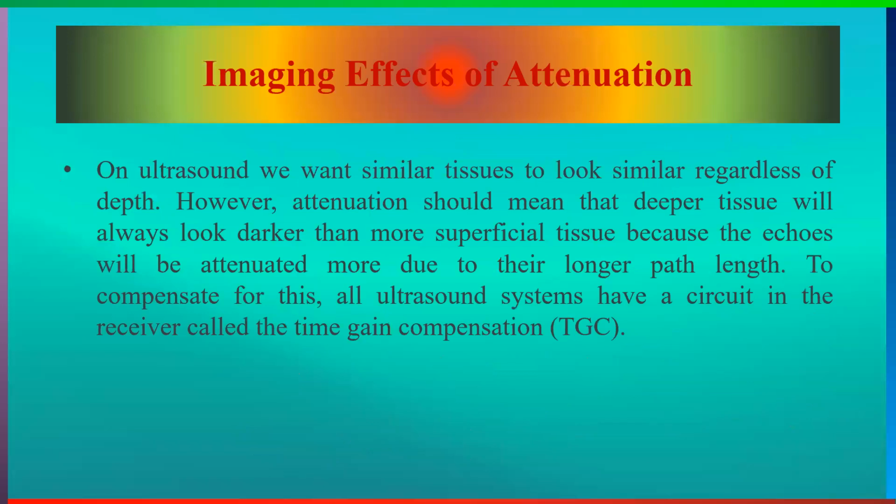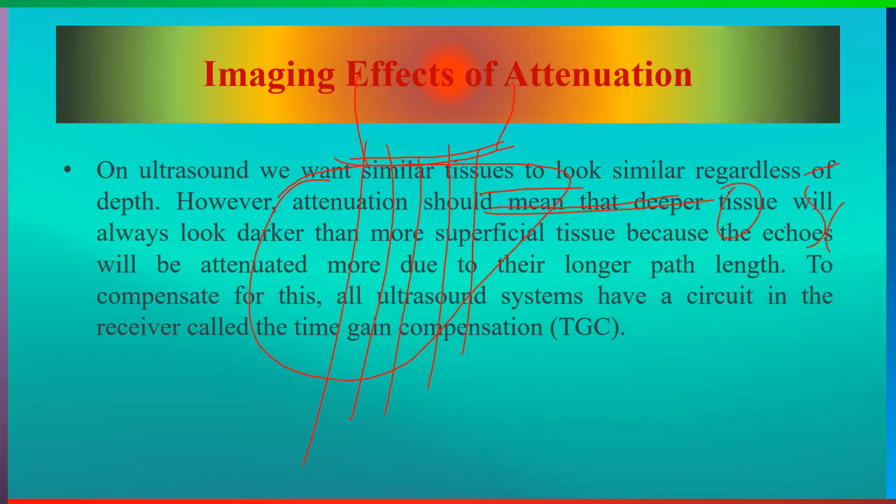So what will be the effect of attenuation on the image? You know better than me that with attenuation, the sound wave's main beam is reducing in strength. Just imagine this is the liver, you have placed your transducer over here, and the sound waves are now propagating in the medium. You know that in soft tissue, the sound waves are attenuating at a rate of 0.5 decibel per centimeter per megahertz, right?